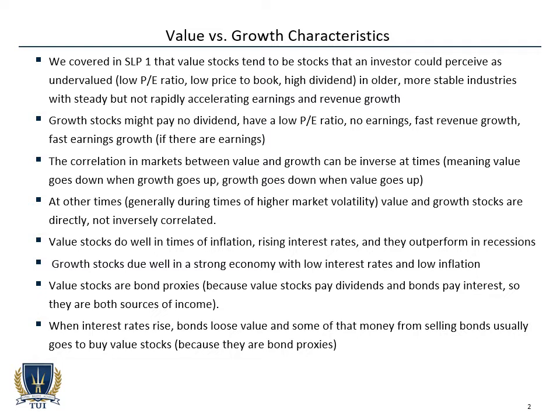So a lot of times what happens when interest rates go up is that more money goes into financial stocks, more money goes into value stocks because they pay regular dividends. And another thing is banks make money giving you a 30-year mortgage at a fixed interest rate.